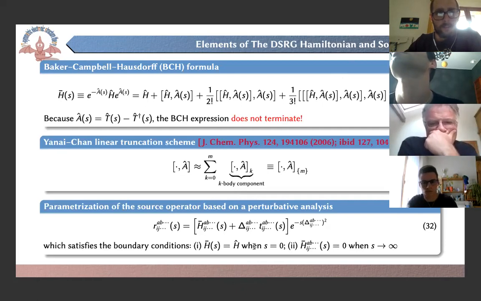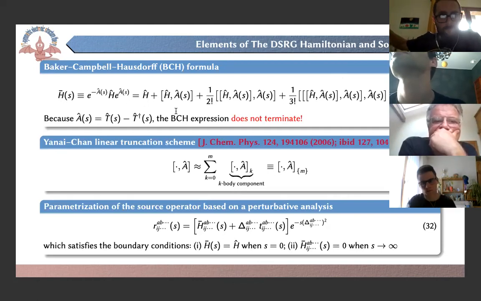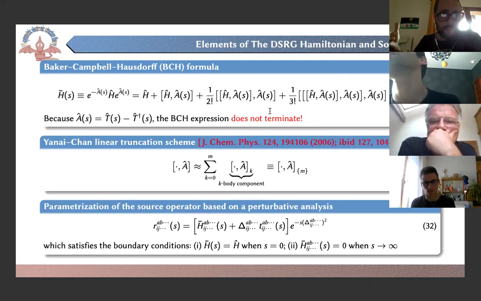And the worst is that because you do a unitary transformation that looks like T minus T dag, you can always write that expression as a Baker-Campbell-Hausdorff formula, which is a sum of nested commutators. And if you do coupled cluster, by the way, this series is going to truncate at the 4th term, because the Hamiltonian has 2-body terms.